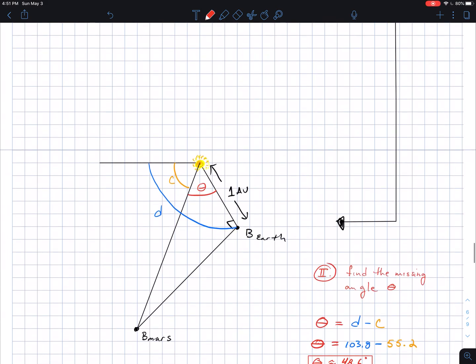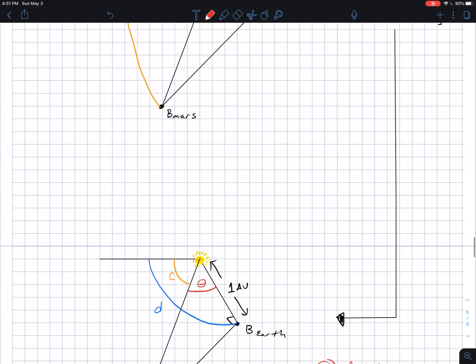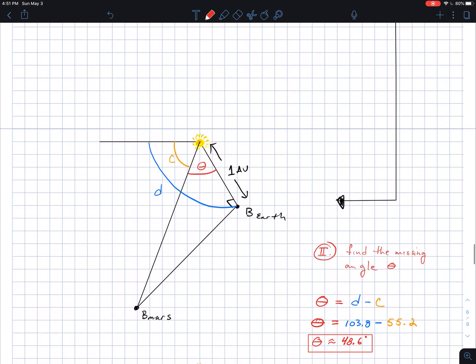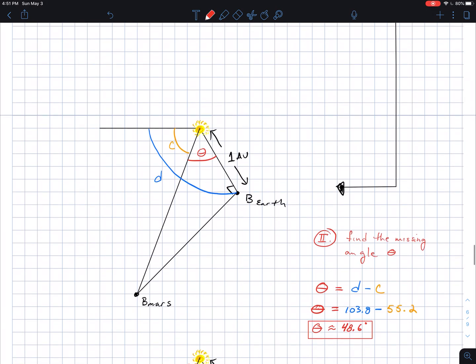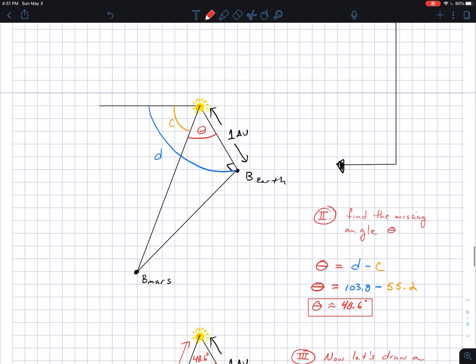So I took it a little further and I redrew it even more basic, okay? I simplified it a little more. The step that I'm talking about now is finding the missing angle, and we're going to call it theta. So this angle is called theta, okay?